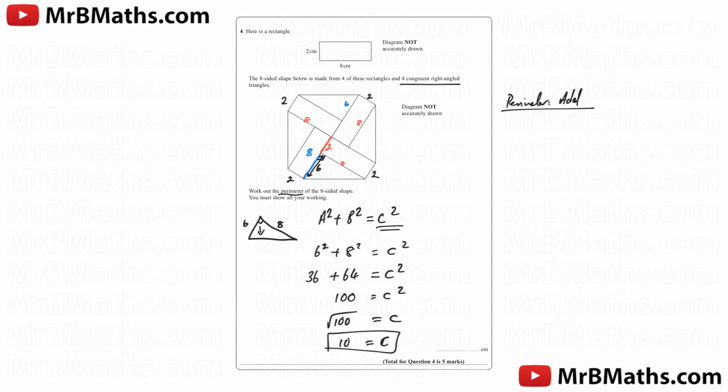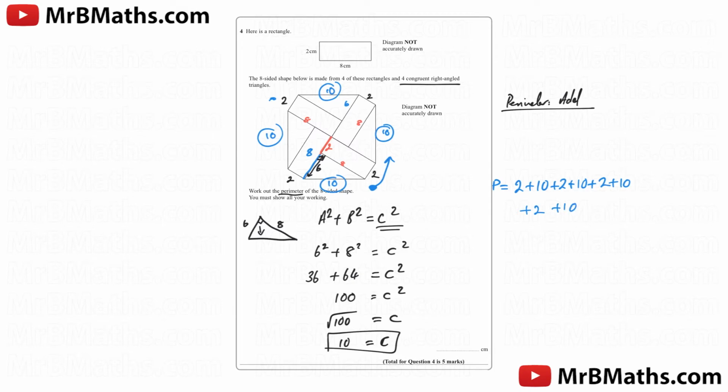So if we now fill that in, we've got 10, 10, 10, and 10, and I can start my perimeter. Let's say I start here and I go up. I've got P equals 2 plus 10 plus 2 plus 10 plus 2 plus 10 plus 2 plus 10.